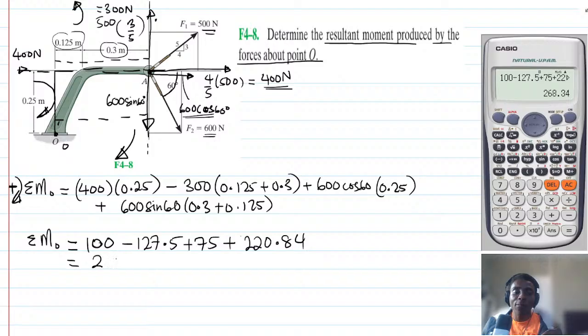So how many of you got this answer? And please, moment is a vector quantity, so you have to bring a direction. So clockwise. Any question up to this point, please?